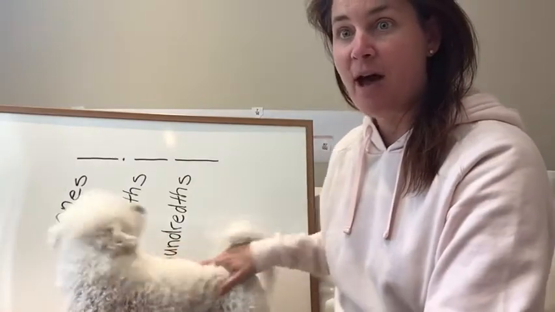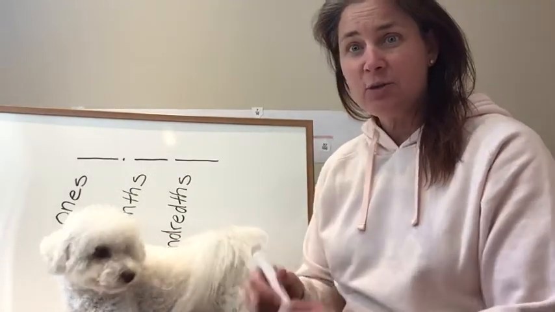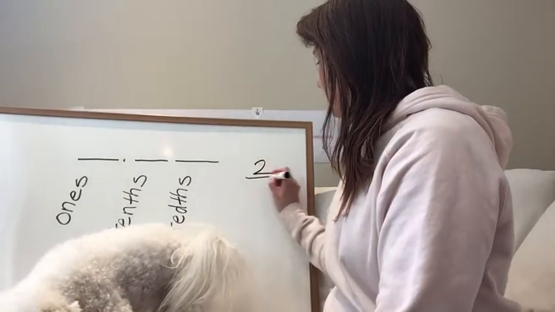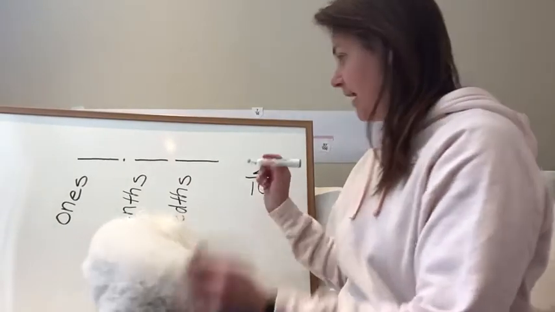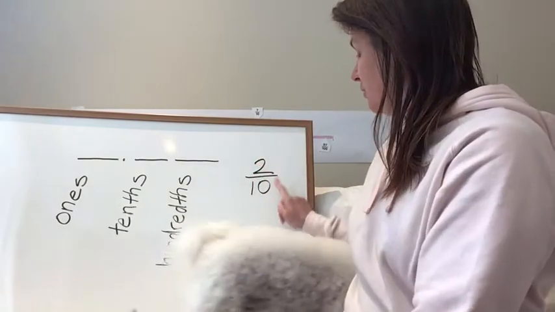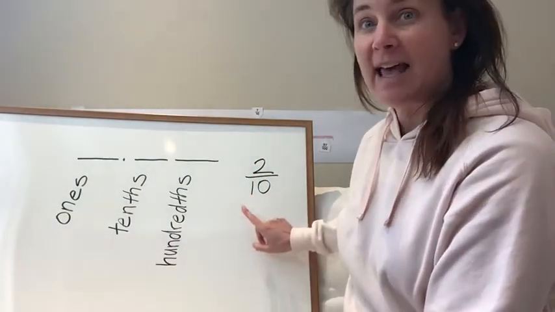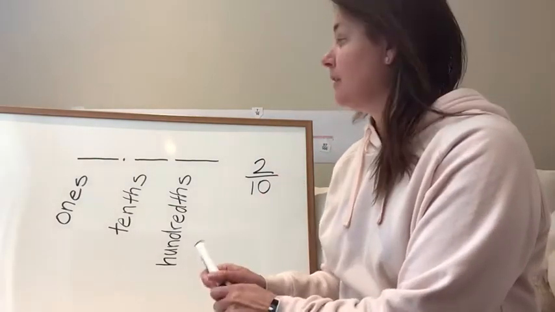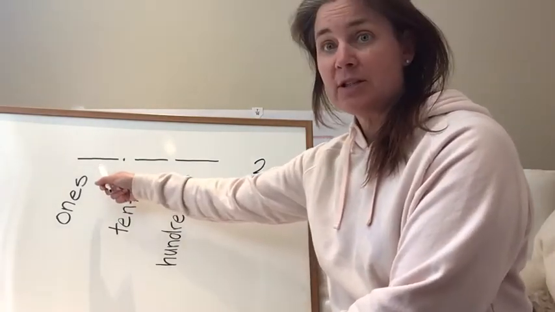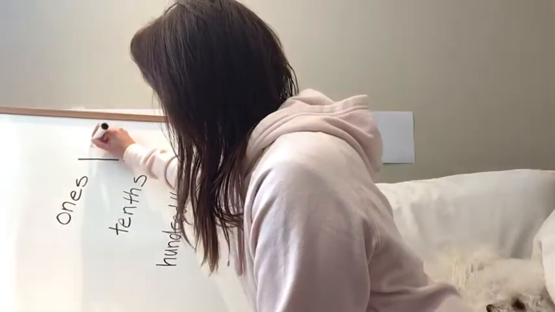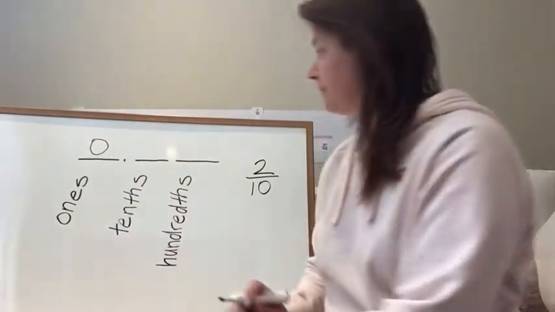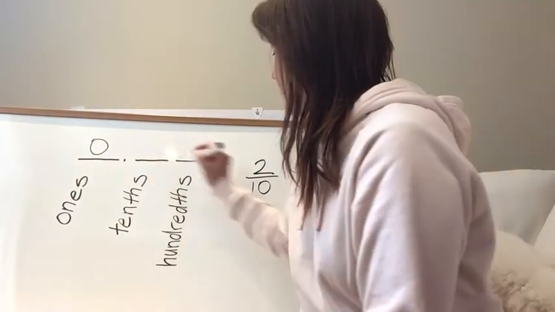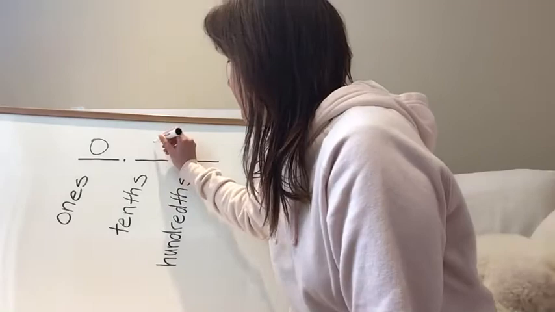Okay, once you've unpaused, now we're going to write 2 tenths as a fraction over here. So 2 over 10. Since 2 tenths is less than a whole, the whole would be 10 tenths. For our ones section, we're going to put a 0. Now for tenths, we're going to put a 2 because it's 2 tenths.